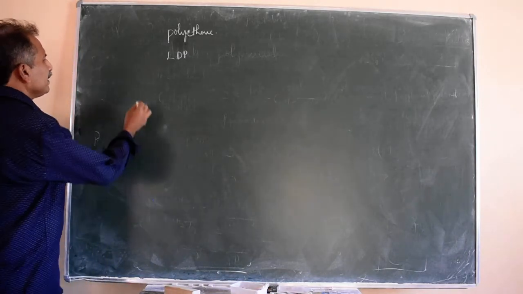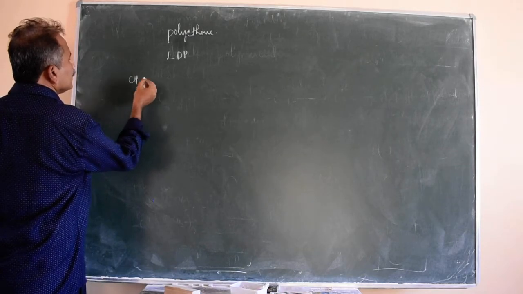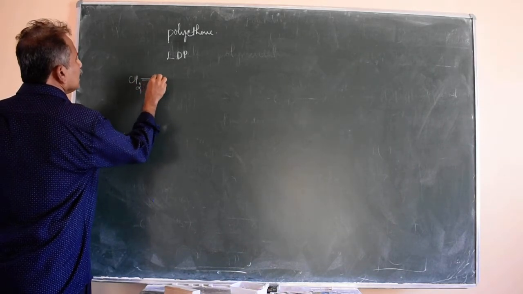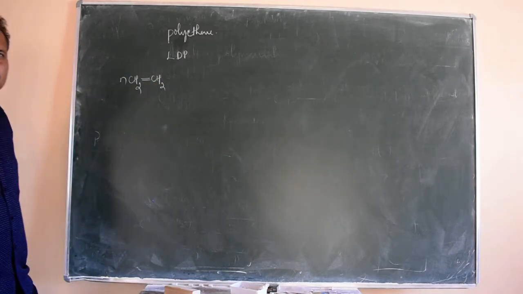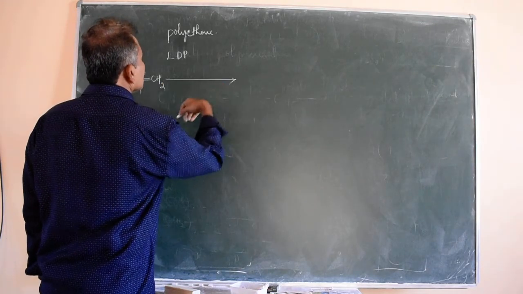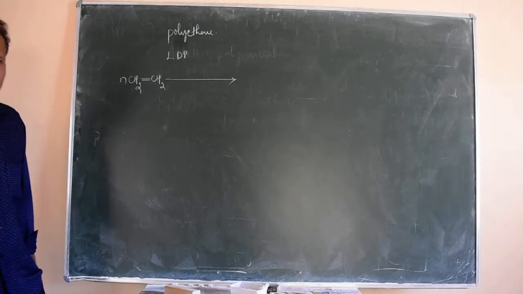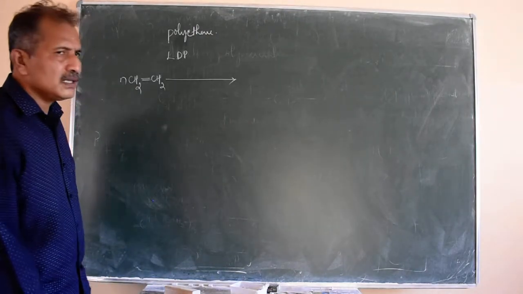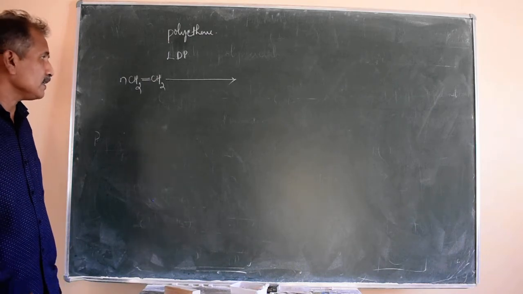Now the starting material and the reaction we already wrote yesterday is simple. You need ethene n number of times in the presence of a catalyst, the free radical generating initiator.